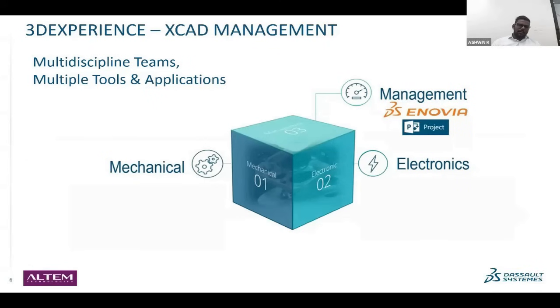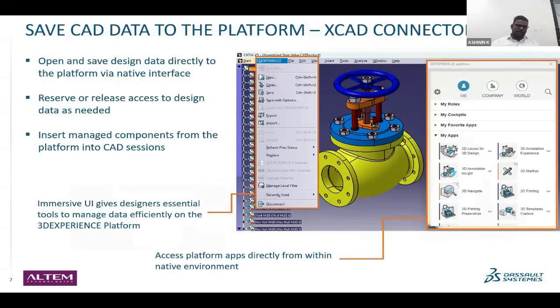So we have many CAD applications, right? Here I'm taking CATIA as the CAD tool for this demonstration. You can see on the screen, this is the CATIA interface. In the CATIA interface, we have a dedicated 3DEXPERIENCE tab, where we can create a new file or save the file. You can do import, export, and replace also, right?